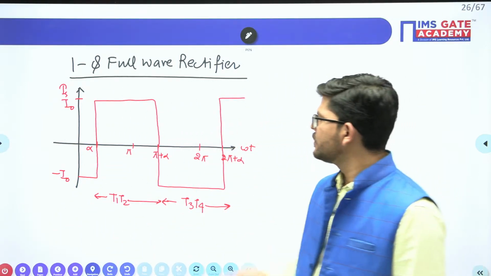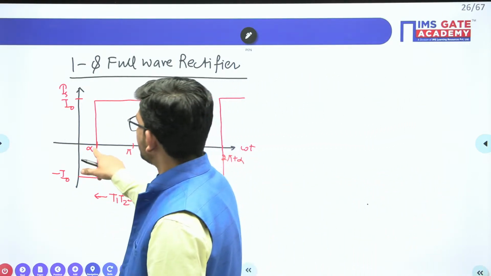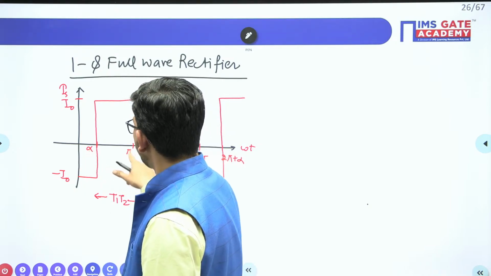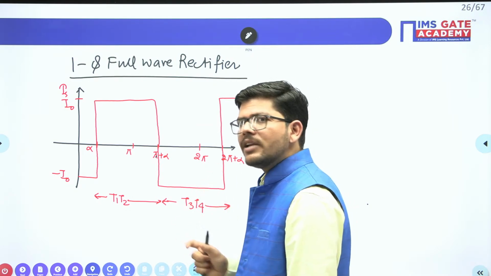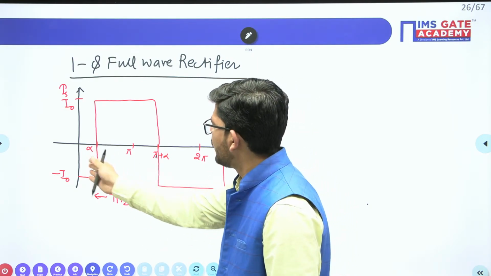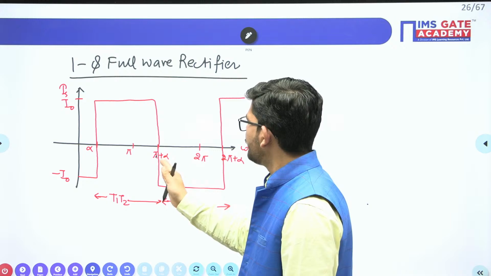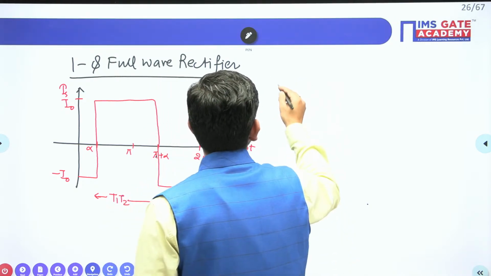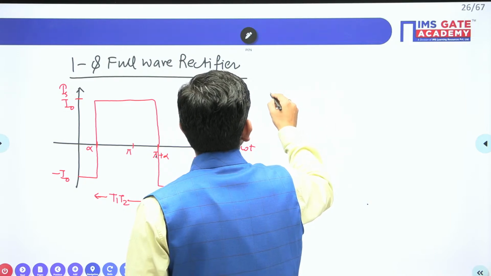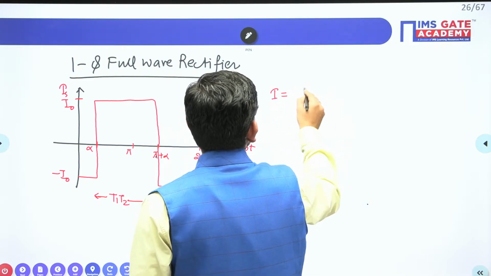If this would have been an R load, this current will be from alpha to pi, and from pi plus alpha to 2 pi. For RL and RLE load, this will be from alpha to pi plus alpha, and from pi plus alpha to 2 pi plus alpha. Now looking into this particular waveform, what will be the Fourier series expression?